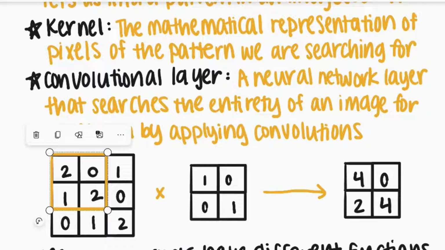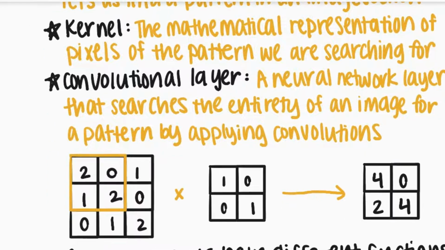So here, right, we see that 2 is the upper left corner of this section of the matrix, and it's also the upper left corner of the kernel. So we're going to do 2 times 1. Similarly, we're going to do 0 times 0, 1 times 0, and 2 times 1. And then we're going to add all of that up. So the sum of that is 4. And so then we're going to put it in the upper left box of our resulting matrix.